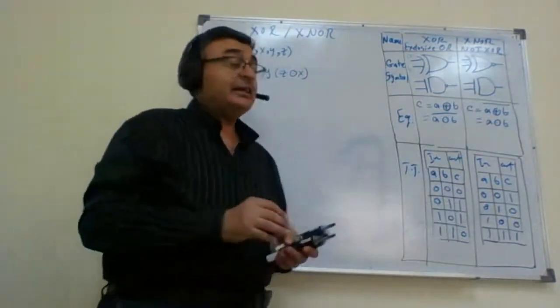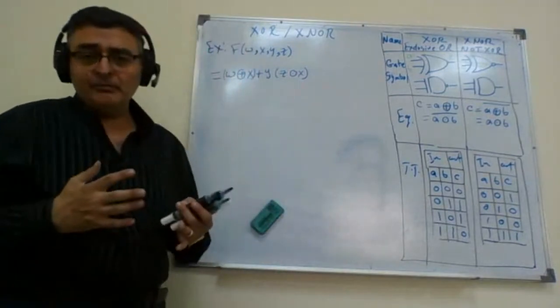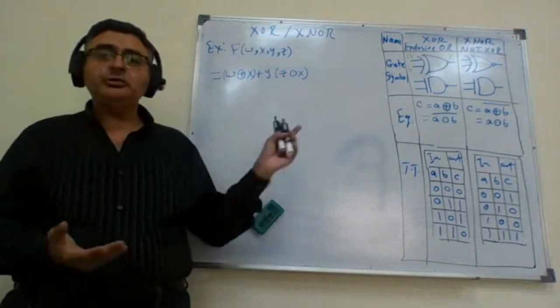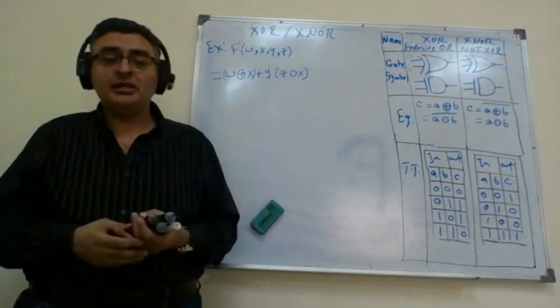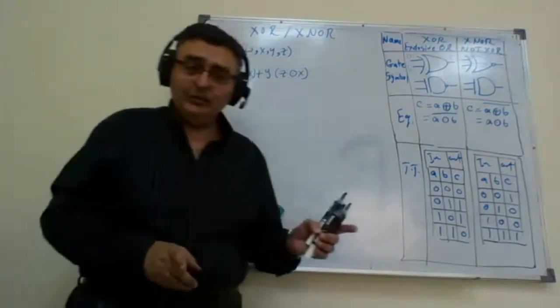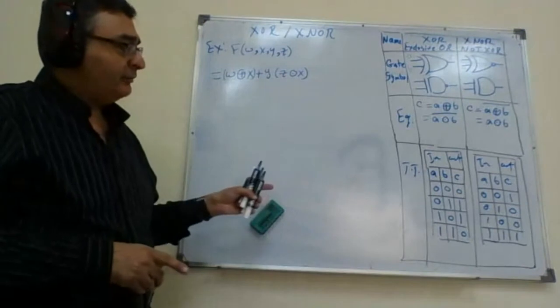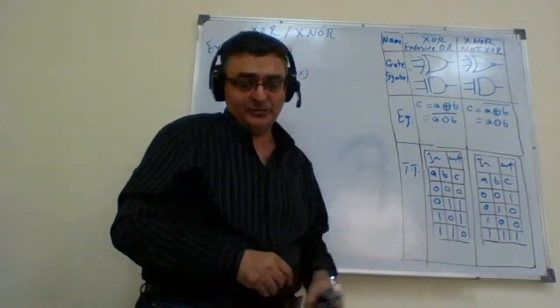So this is kind of a challenge. How can I manipulate a Boolean algebra equation that contains those difficult or new devices, the XOR and the XNOR? Actually, the key for this comes from the truth tables of those devices themselves.